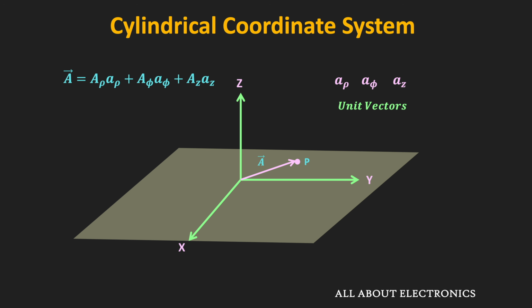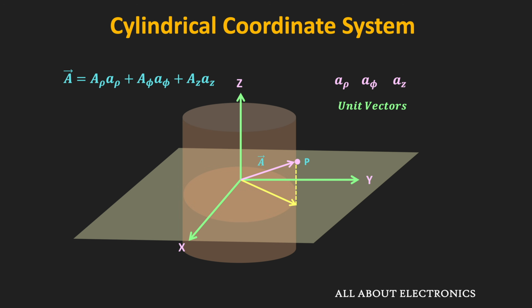So here, first of all, for the given point, let us find out the rho. If we take the projection of this vector on the xy plane, then we will get this rho. Now, if I draw the imaginary cylinder that is passing through the z-axis, then this will be its radius. So this distance represents the rho.